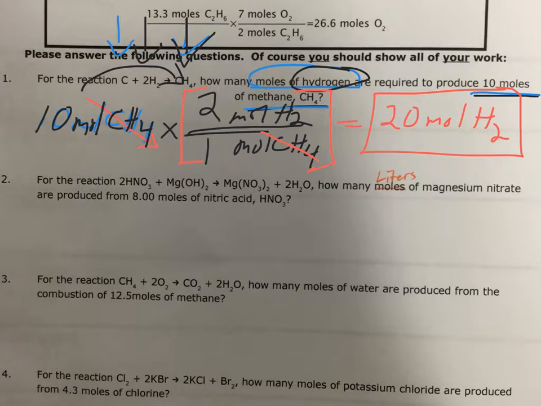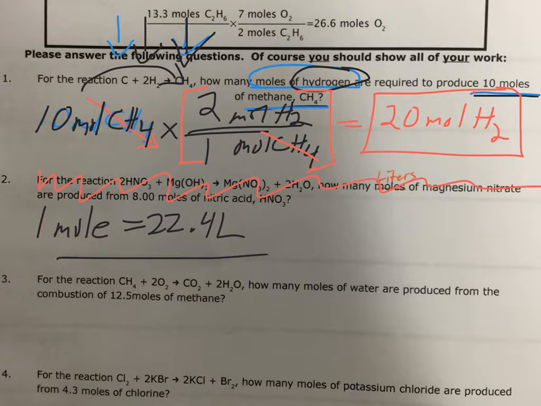Who's lost? Where do we have a question? Okay, now what you're going to add to it that's new, let me get more room. Remember that this is going to be a conversion. 1 mole equals 22.4 liters. You need to write this down somewhere. Okay?